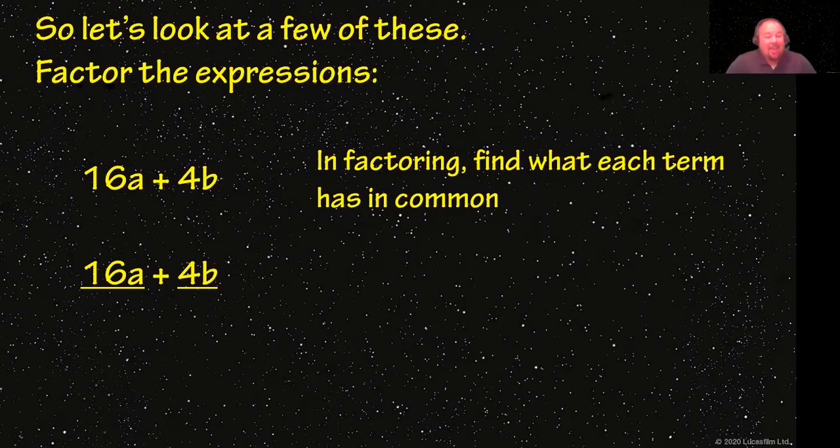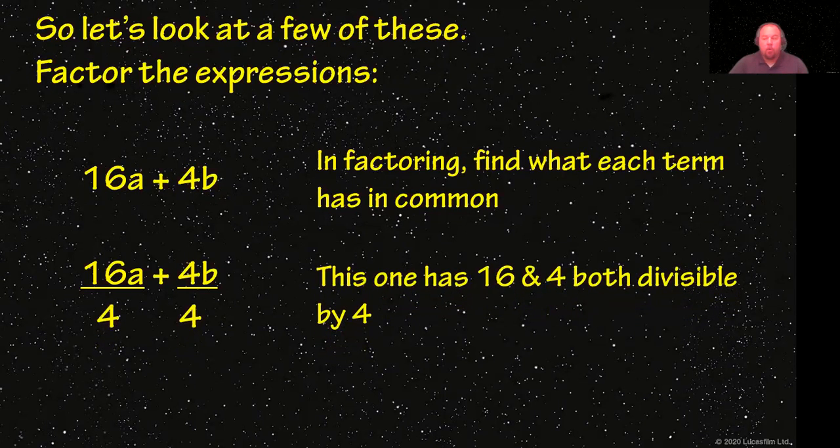So when I see the common answer there, I can take out what they have in common. In this particular one, I can divide both sides by 4, because I know 16 and 4 are both divisible by 4.